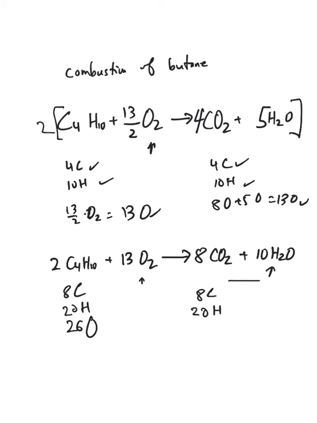And if I do my oxygens, I've got 8 times 2 from carbon dioxide, that's 16, plus 10 from my water, that's 26 oxygens. So everything balances. And so this video is looking at taking words, writing chemical equations from the words, then balancing those chemical equations.